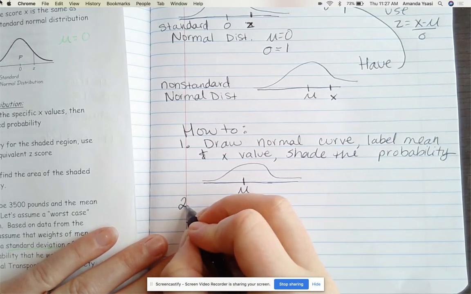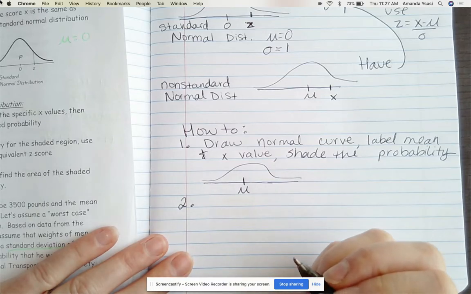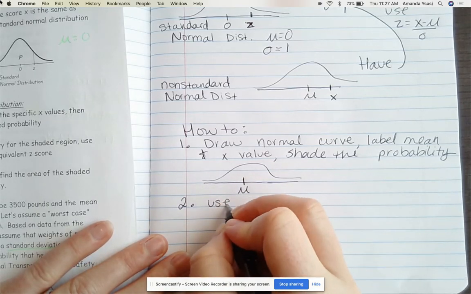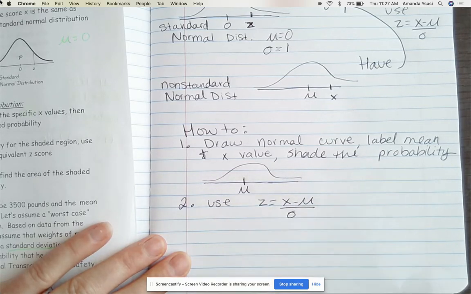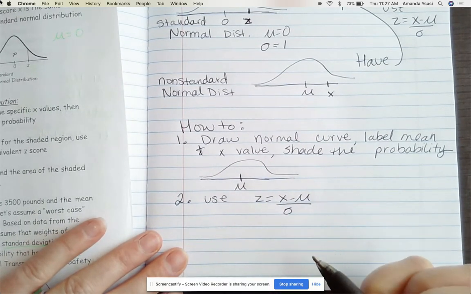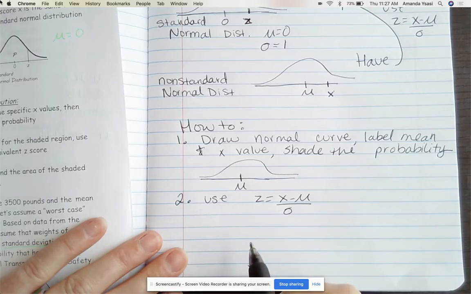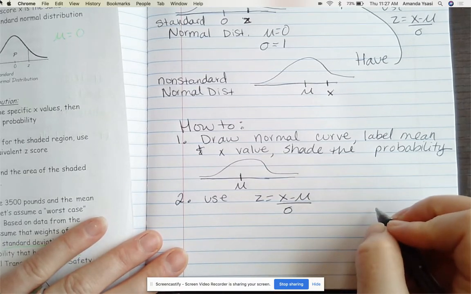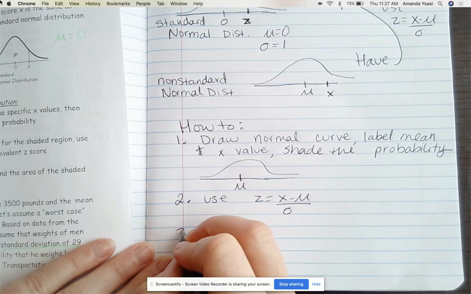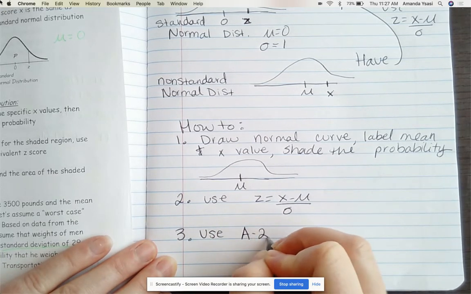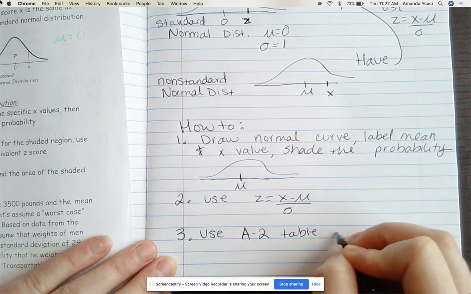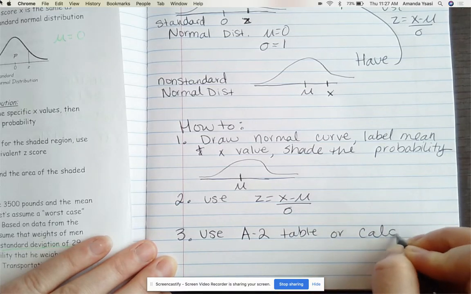Step 2 will be to use that formula, z equals x minus mu over sigma, to convert from x to z. Step 3, you're going to use the table A2 or your calculator to find the area.